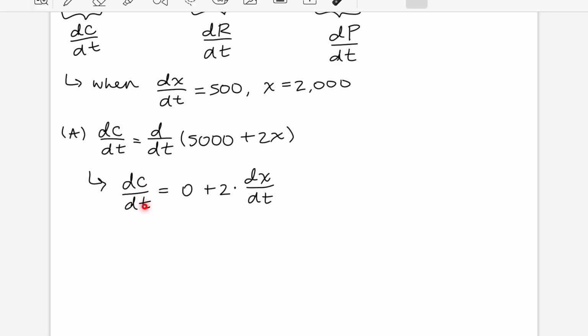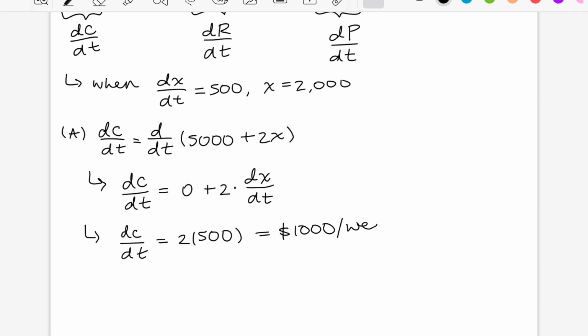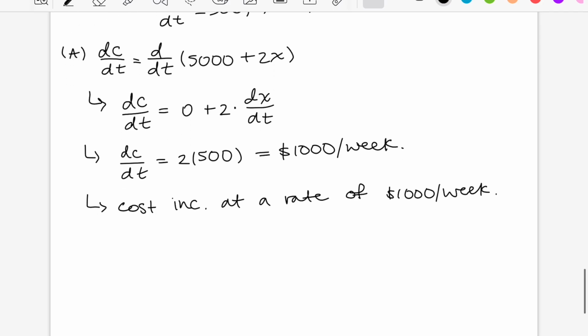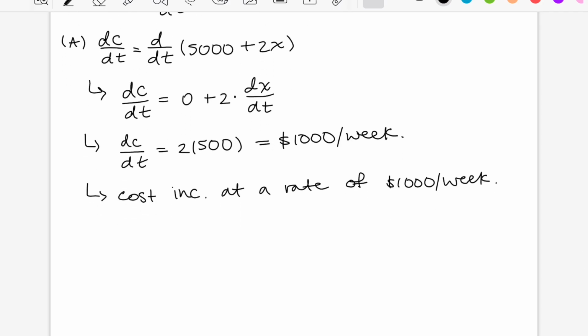And then we want to find dc/dt when dx/dt is 500. So this tells us that our cost is going to be increasing at a rate of $1,000 per week. All right.